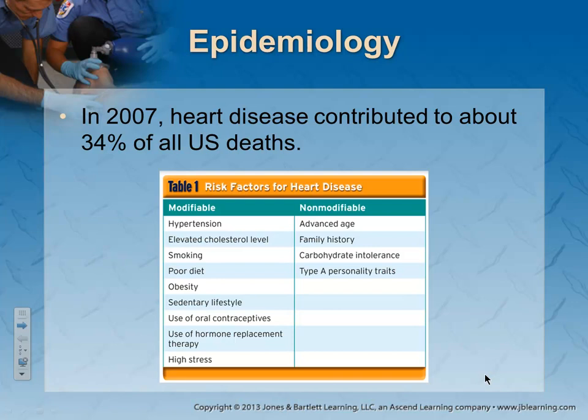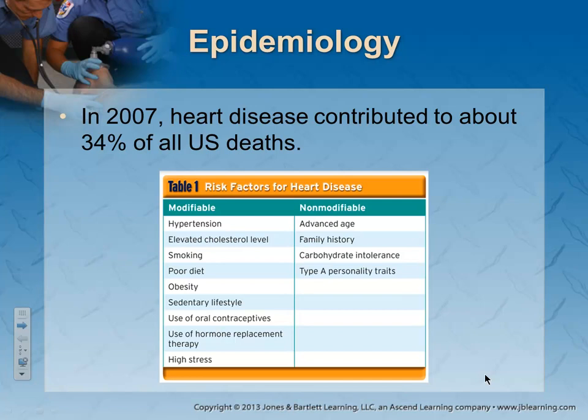Now you do have those non-modifiable things such as family history, genetics, type A personality traits. I think that's just because you stress your heart out like crazy. You're very much risk takers, you're very much extroverted, things like that.